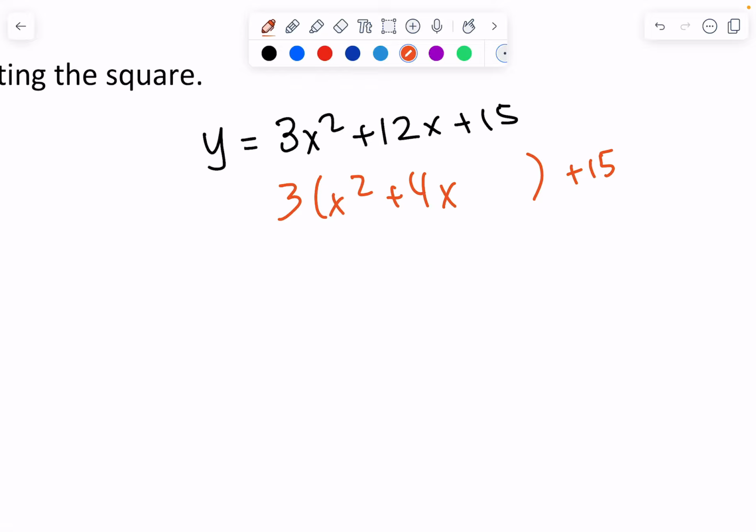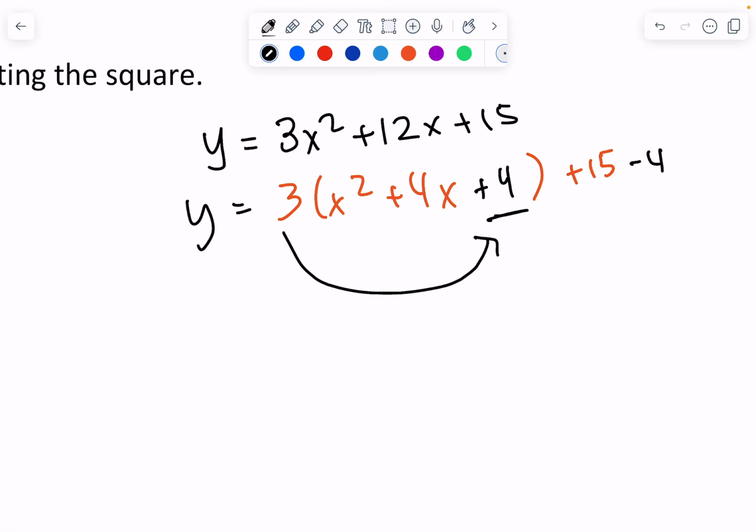And now I'm going to focus on getting my perfect square trinomial. So what value do we get when we divide by 4 and square? We get 4. Now, if I add 4 to the expression, I also have to subtract 4. But do you remember what I have to do in addition to that so that I make sure my equation is equivalent to the previous equation? This 4 here is going to be multiplied by 3.